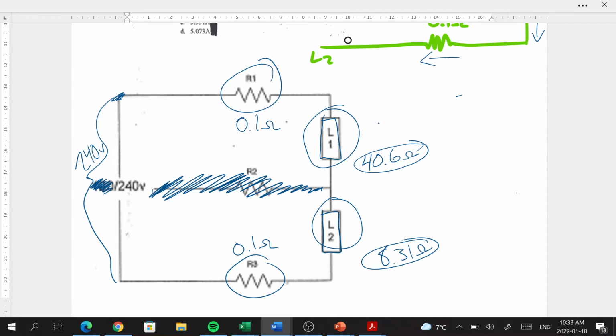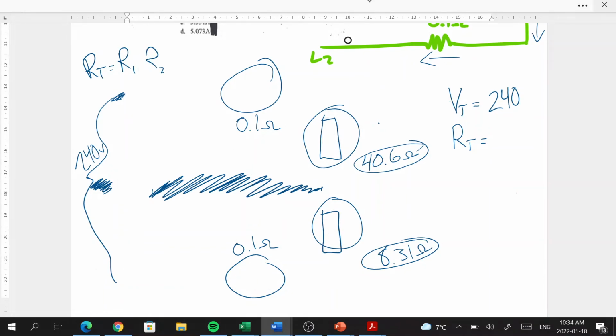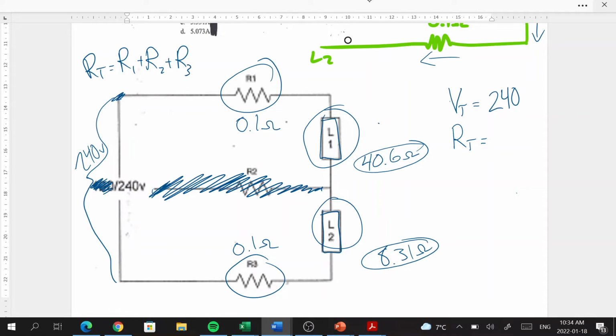Okay. So in this case, we know what V total is. It's equal to 240 without that neutral. Our resistance total, what do we do in a series circuit to figure out the total resistance? In series, R total is equal to R1 plus R2 plus R3, etc. All we've got to do is add them up, right?